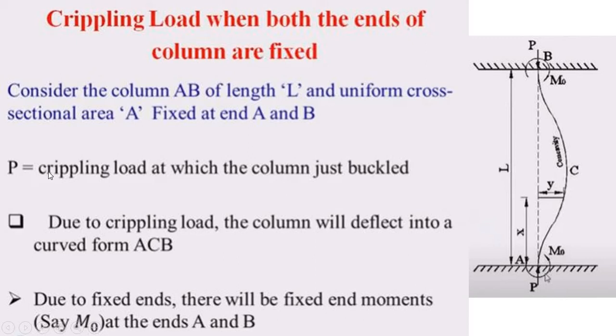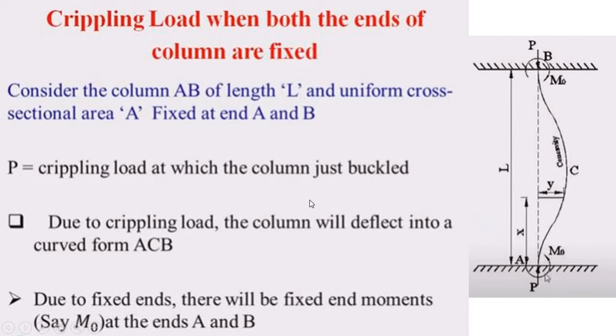Now P is the crippling load at which the column just buckled. So you can see at both the ends A and B the load P is acting. Due to crippling load, the column will deflect into a curved form ACB. So initially the column was perfectly vertical, but after the application of load P, it will deflect into a curved form, that is ACB.